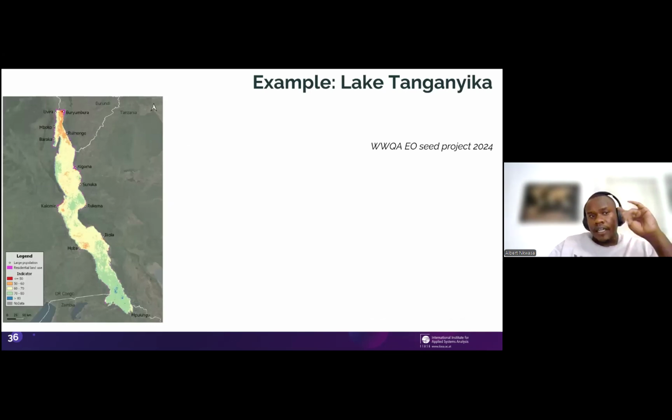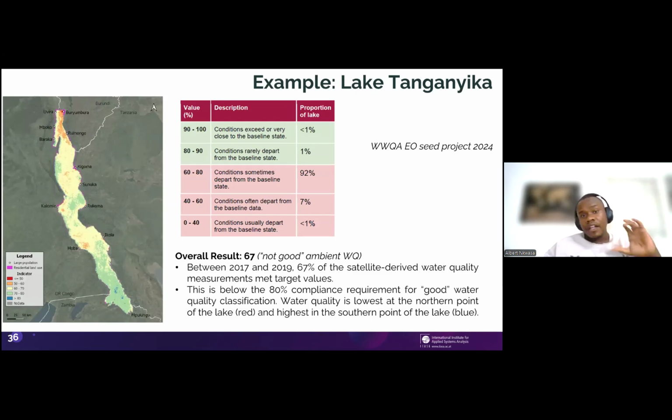So when you look at Lake Tanganyika, what we found out was that 92% of the lake fell within a category where conditions sometimes departed from the baseline state. Between 2017 and 2019, 67% of the satellite-derived water quality measurements met their target values. But this is below, if you remember, the 80% compliance required for good water quality classification.